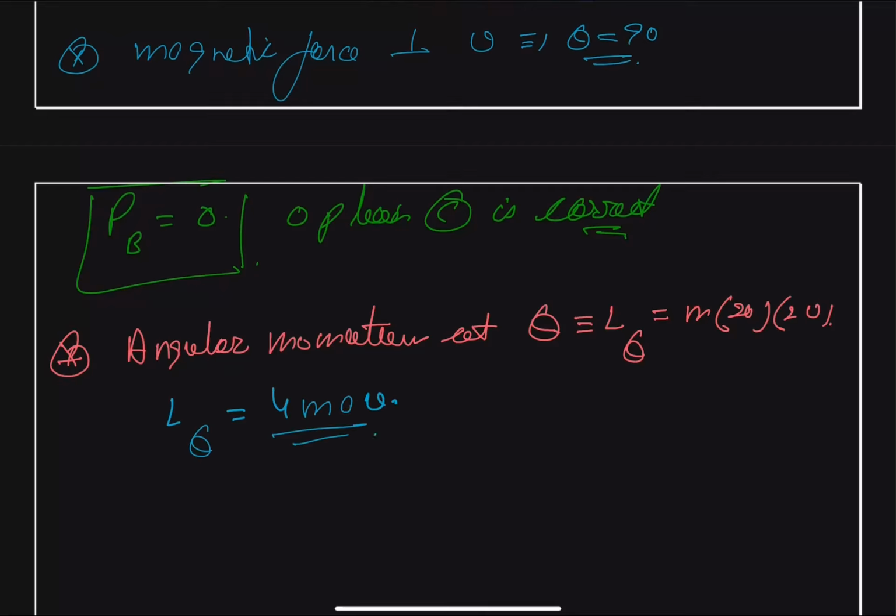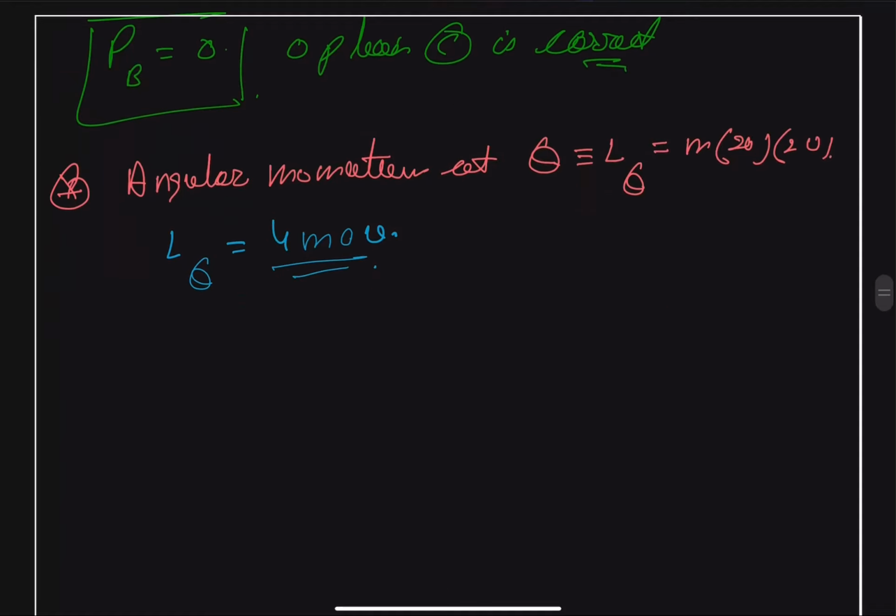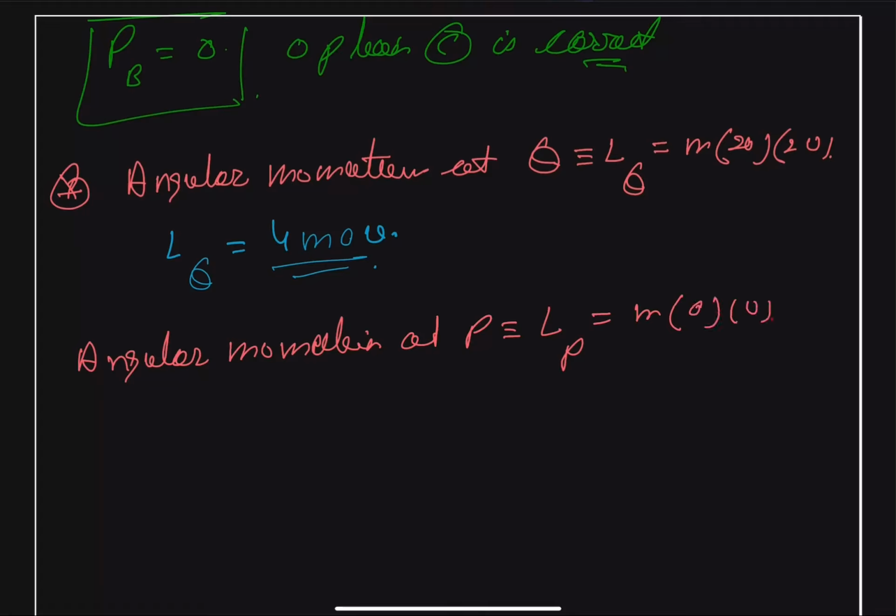Similarly, we can find out angular momentum at P. At P, let us suppose that is our LP, will be equal to mass, distance is our A, velocity is our V. Therefore, we get our LP is equal to MAV.